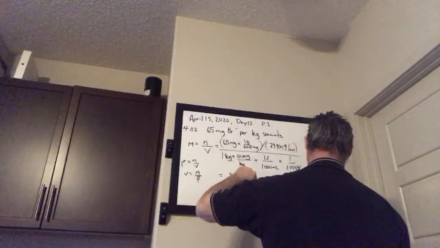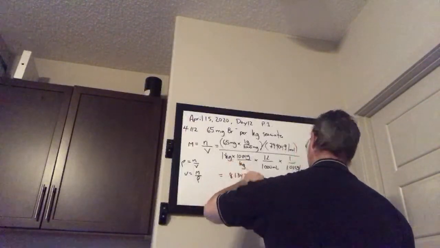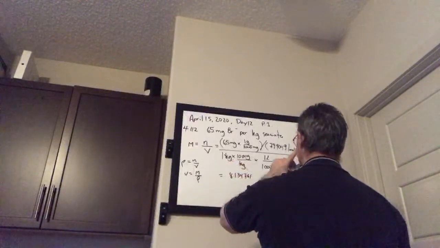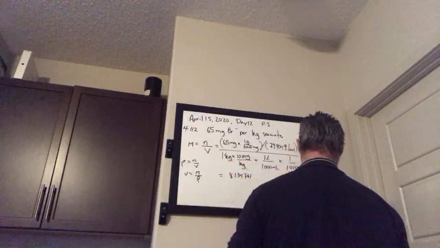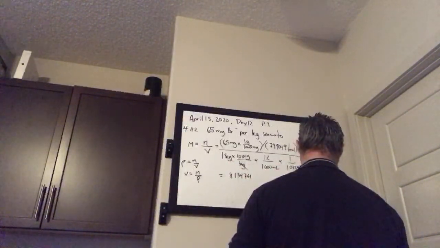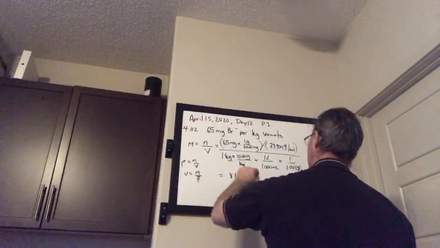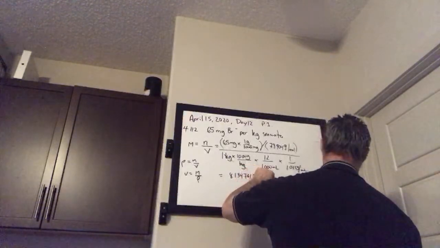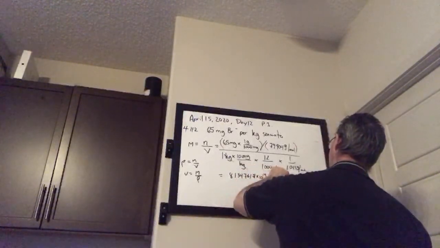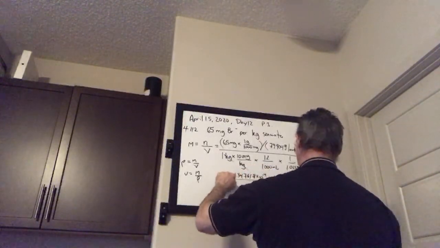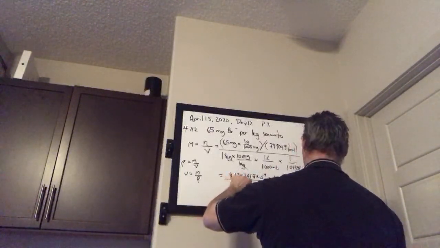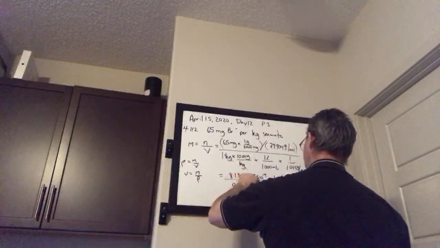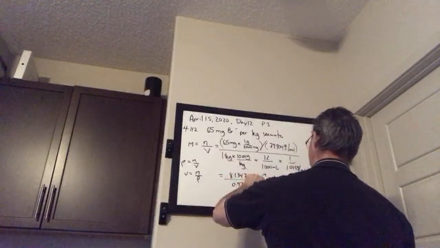8.134761 times 10 to the negative 4 moles of bromide for every 0.975609756 liters.